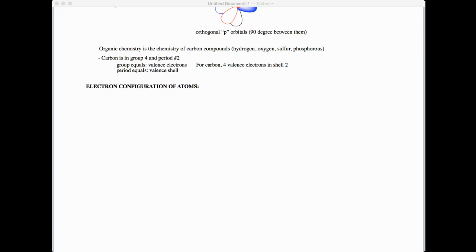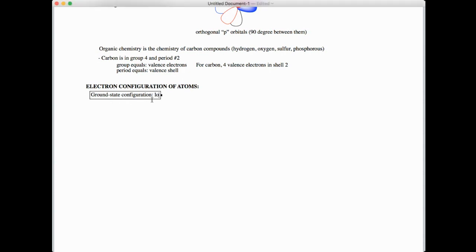So in theory, one atom can have multiple electronic configurations, but for now we're only going to focus on something we call the ground state configuration, which is the lowest energy electron configuration for an atom or molecule.